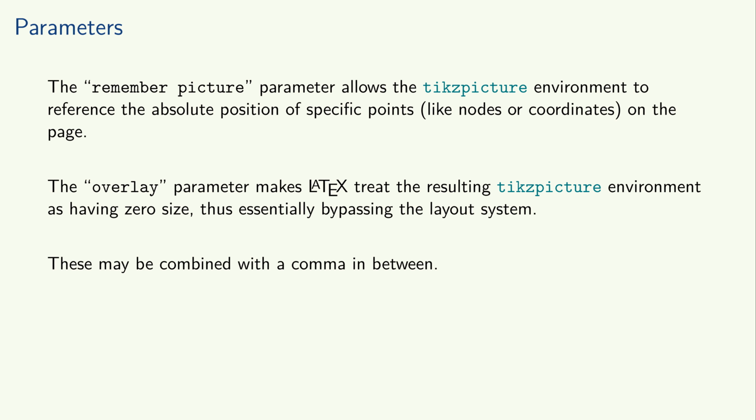Using this option causes the tikzpicture environment to have 0 size, which means that we essentially bypass that layout system. That makes it easier for us to place things where we want them, but it means that we have to work a bit more for it.